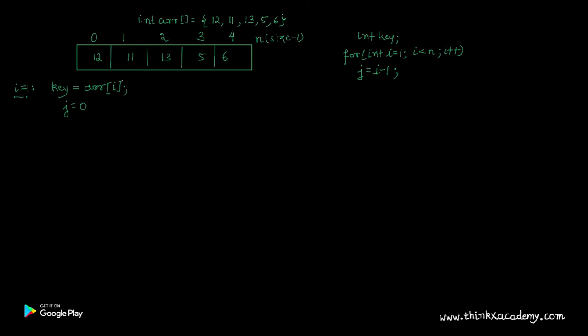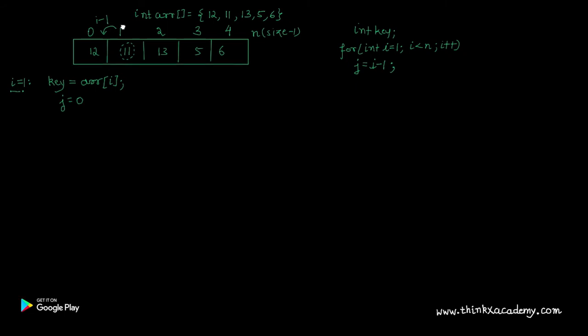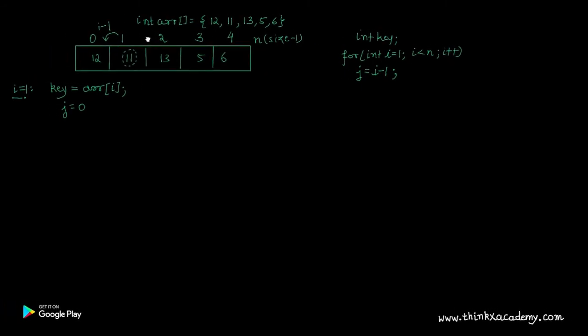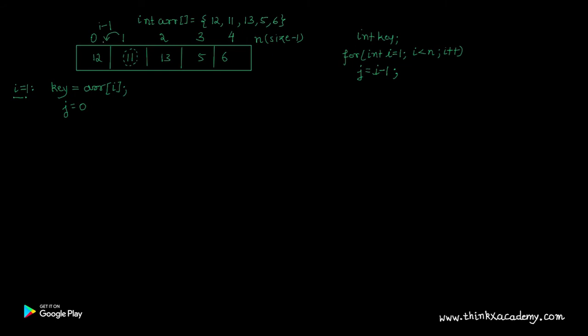So we are going to compare this card with the previous cards. So the loop will have to run from the i minus 1 position until the value of j becomes less than 0.